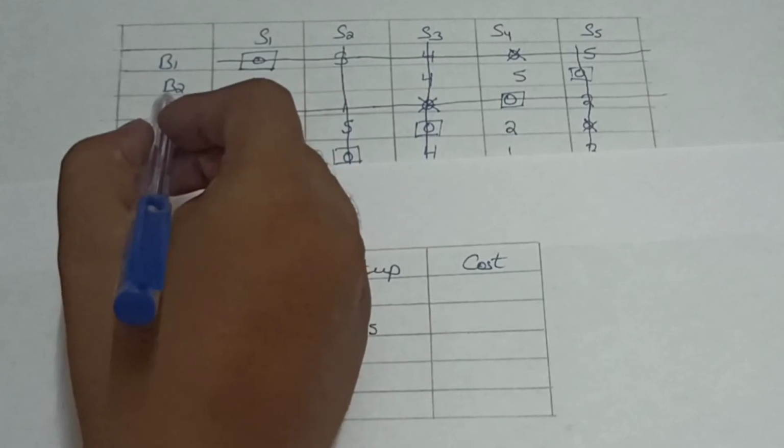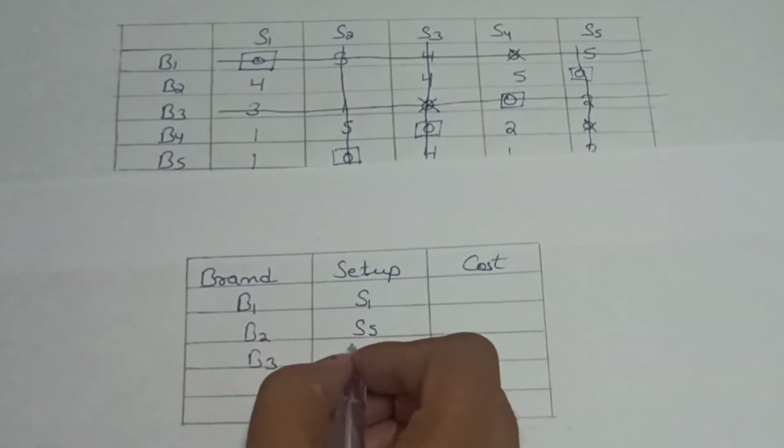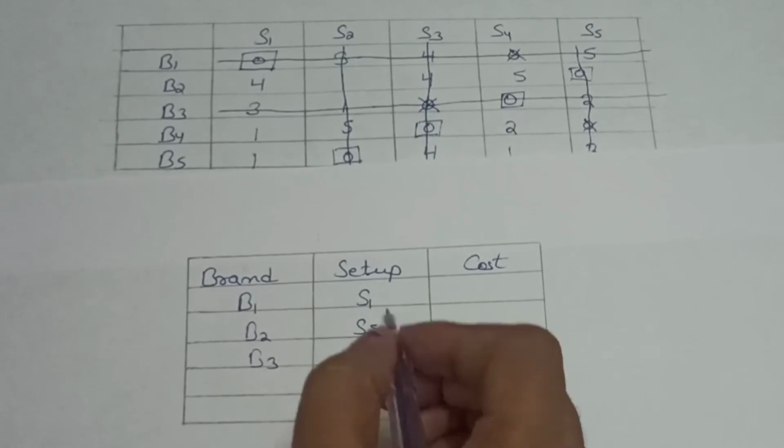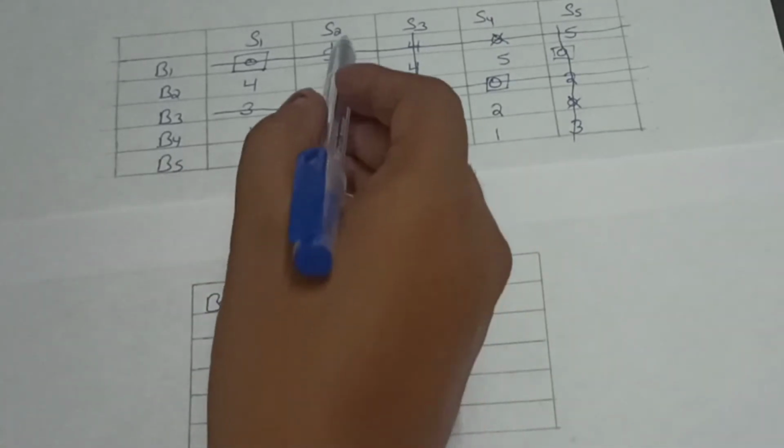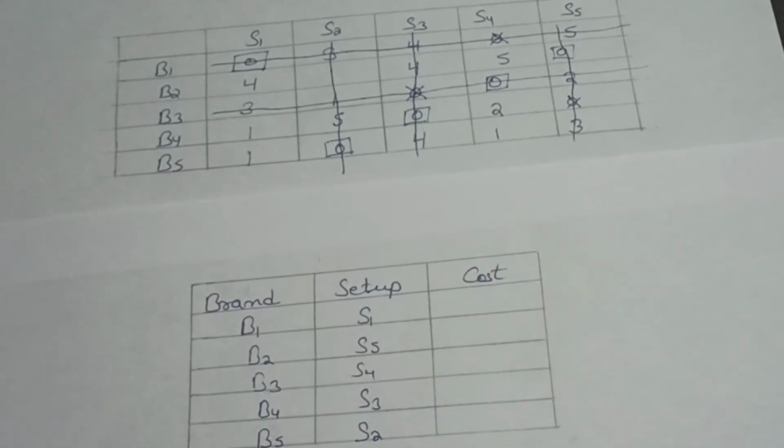For the third, B3 and S4. For the fourth, B4 and S3. For the last row, B5 and S2. Now we will write here our cost.